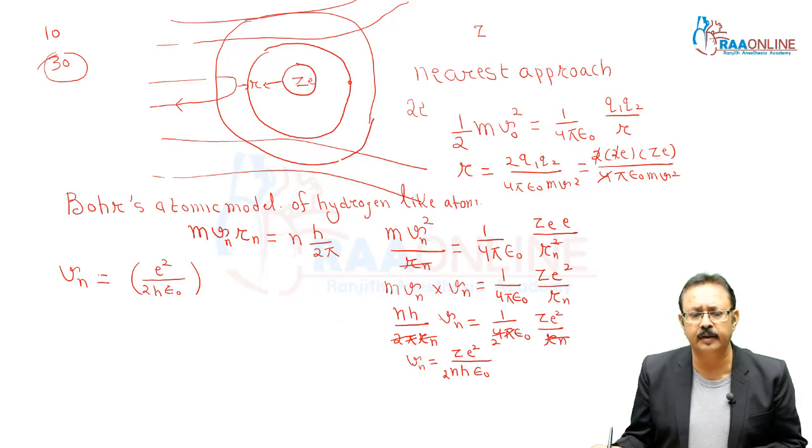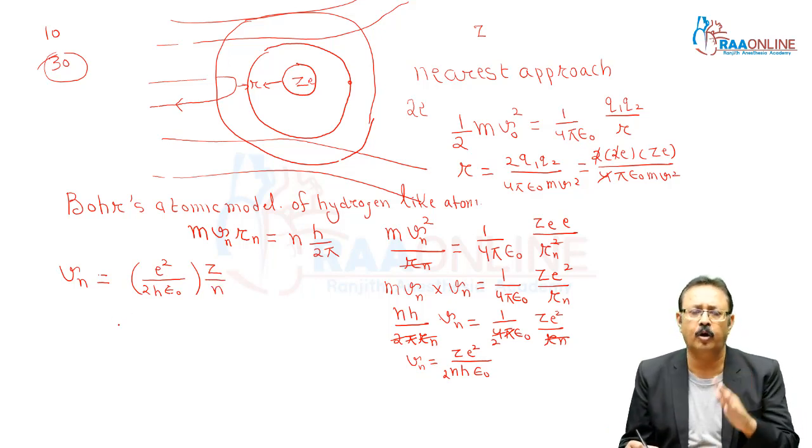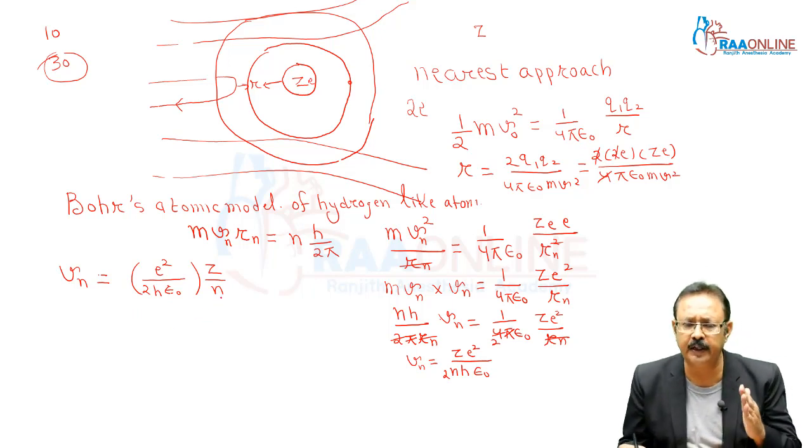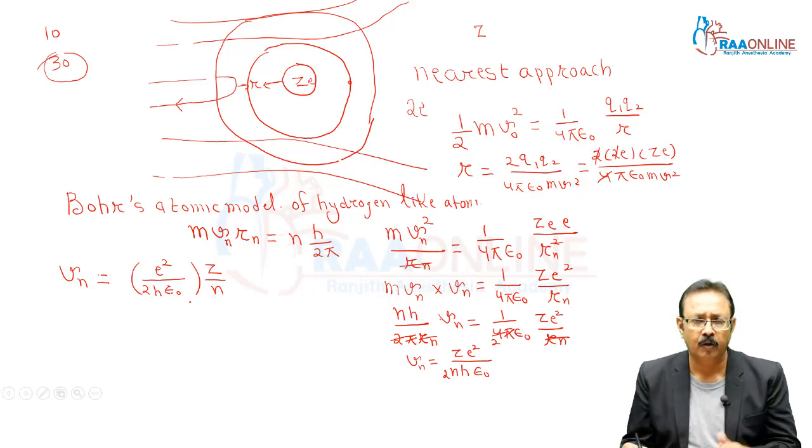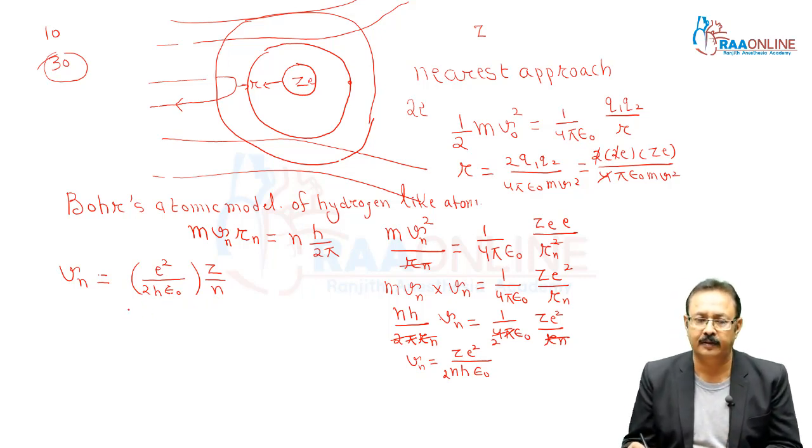E square, 2, h, epsilon naught, and then Z by n. Why am I separating it? For different orbits we have different values of n, and for different elements we have different Z. This number is the same for all.